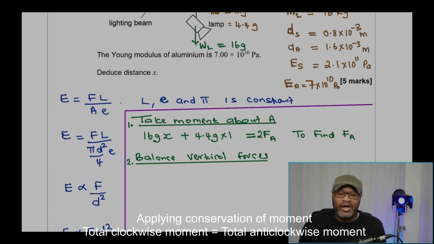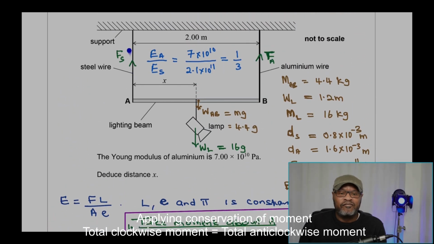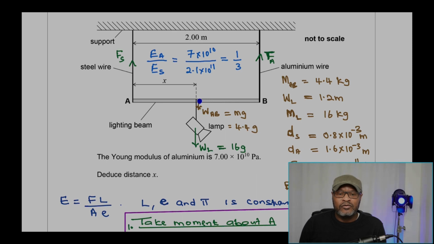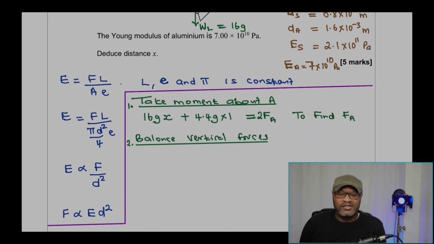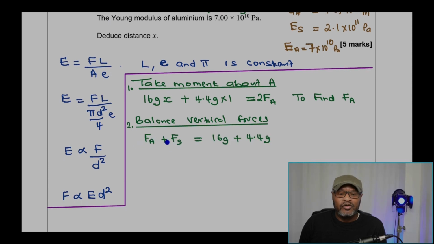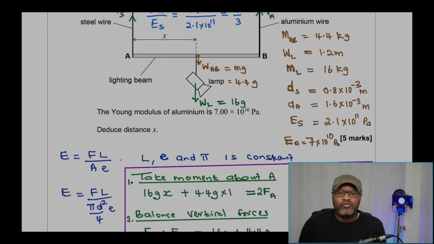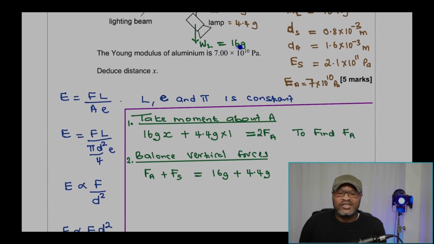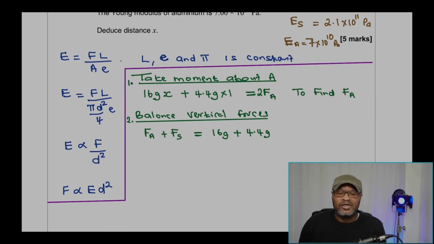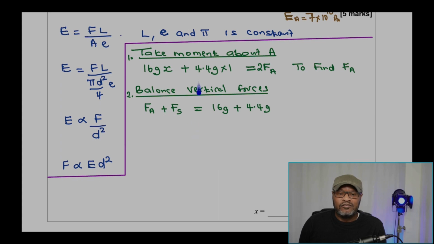So why don't we balance the forces as well? That force and that force must equal those forces acting down. Vertical forces, so we can balance the vertical forces. FA plus FS, because they're pointing up, will be equal to the 16g, that's gravitational field strength, plus 4.4g. So that'll be balancing the vertical forces. And we can bring in this ratio here.